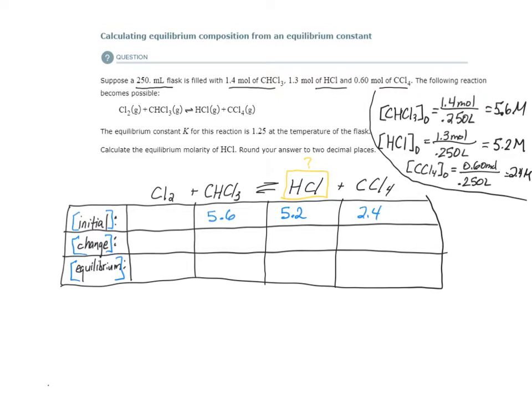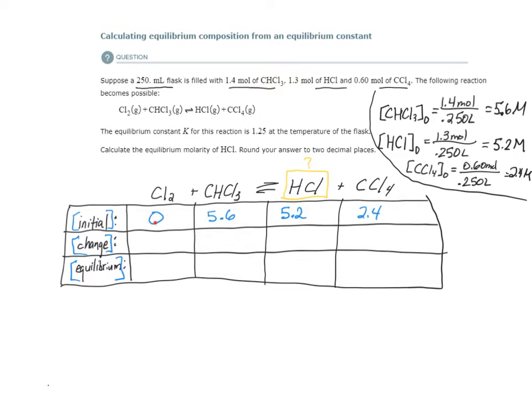So what was the initial concentration of molecular chlorine, chlorine gas? Well, we didn't have any. How do I know? Because they stated in the problem that this flask is initially filled with this, this, and this. So you may be wondering, if we didn't have any to start with, how does this reaction proceed? Well, it's because this reaction, like most reactions, is reversible, meaning it can go in both directions.